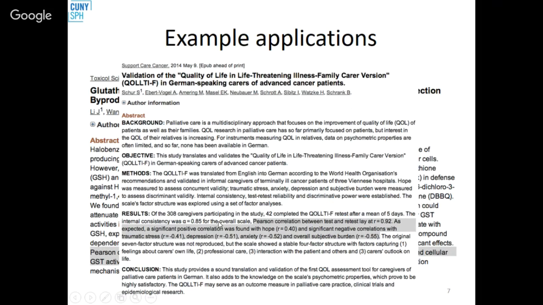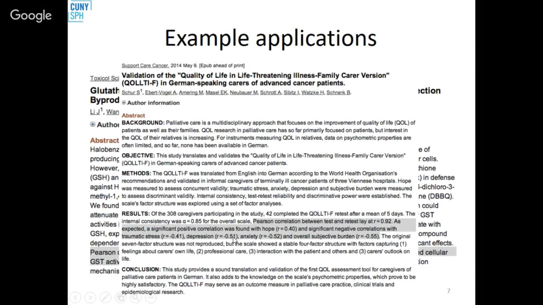There's also a significant positive correlation with hope, so the higher the score, the higher the person's level of hope. And a significant negative correlation with traumatic stress, with an r of -0.41, so higher score, lower traumatic stress. So generally it seems that a high score is good.